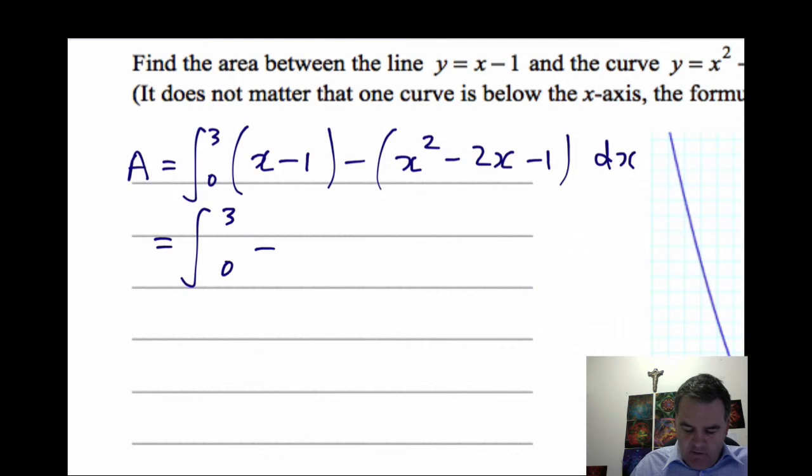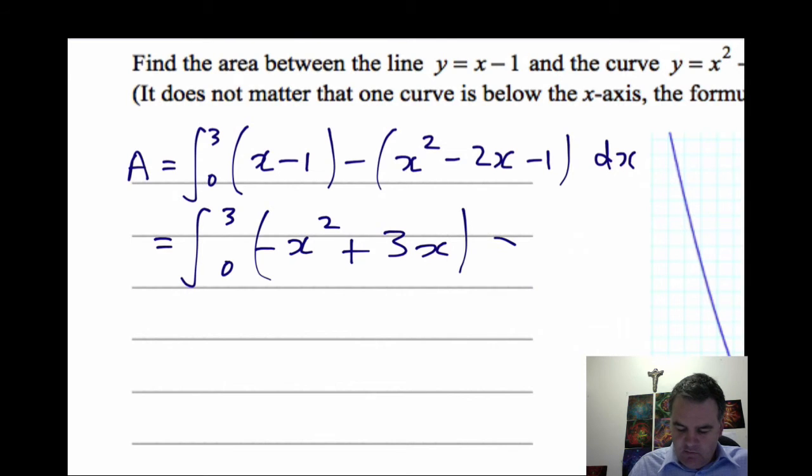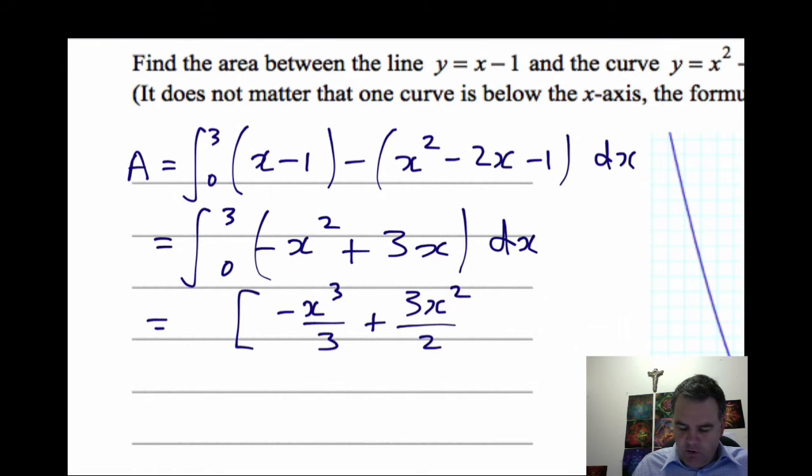We've got negative x squared, x minus negative 2x is x plus 2x, which is plus 3x, and negative 1 take off negative 1 is negative 1 plus 1, which is just 0. There we go. So the 1s cancelled out there. So now we can do the integration. There we go. That's a nice easy integration with polynomials. Finish that off and tell me the answer.